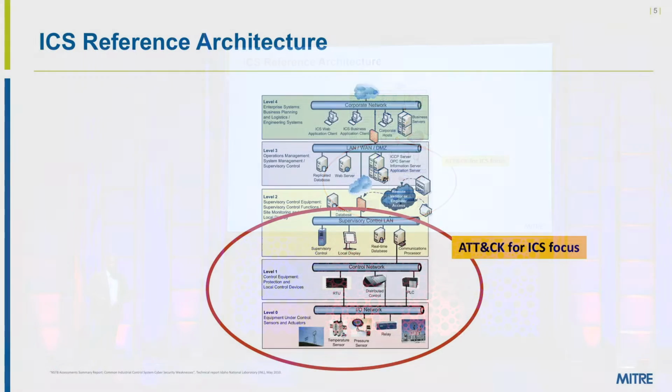And then around level 2, thinking about this as a functional reference architecture, we have various specialized platforms or applications and specialized protocols. And that's when Enterprise ATT&CK can't really describe the behavior of the adversary, and that's when ATT&CK for ICS really kicks in. We focus on levels 0 through 2 of the Purdue Model.